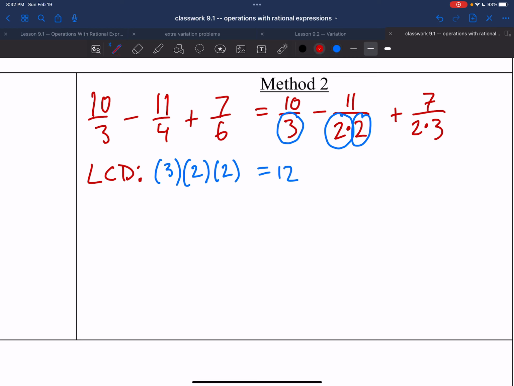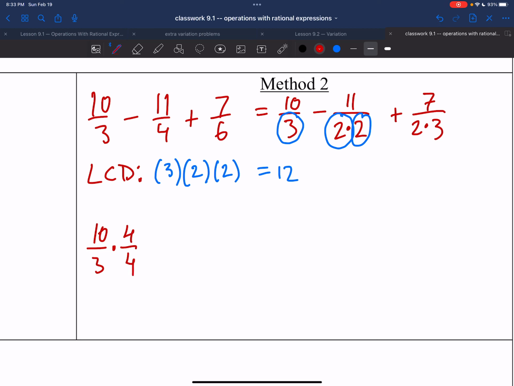And so then I have to multiply each fraction such that the denominator becomes the least common denominator. So you see, if I do 10 over 3, I got to multiply that by the other factors, 2 and 2, which we know is 4.